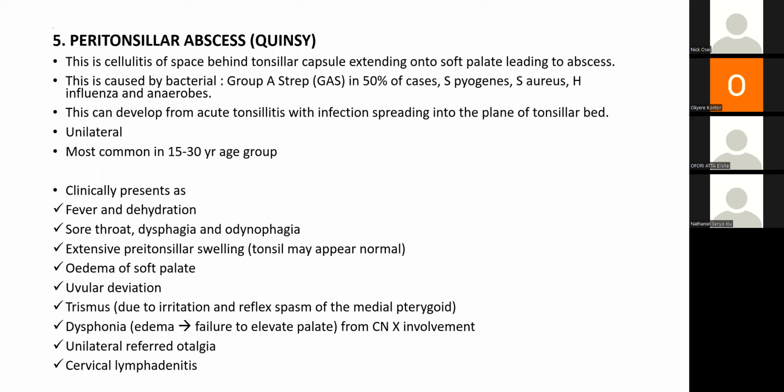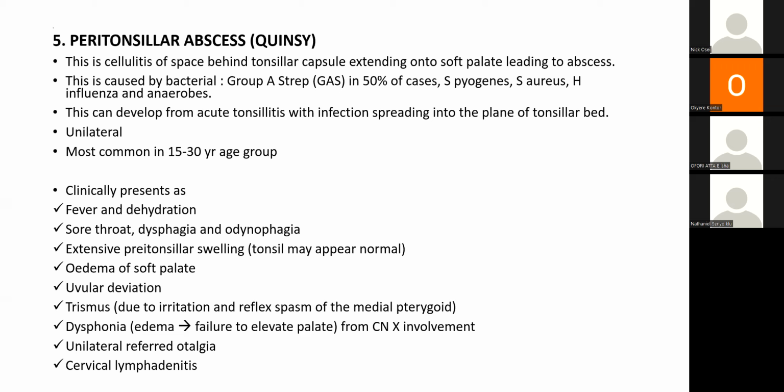Sometimes you can even have a locked jaw, usually that's trismus. You can have dysphonia, that is edema leading to failure to elevate the palate as a result of vagus nerve involvement. You could also have unilateral referred ear pain.